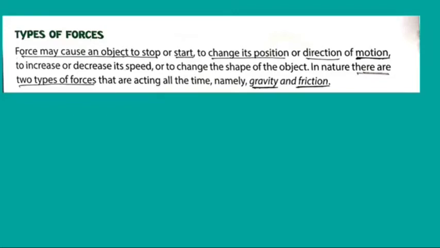Force apply करने से object के ऊपर क्या इफेक्ट पड़ता है? So, if we apply the force on an object, we can stop the object. We can start the object. We can change its position, direction of motion. जैसे आप बॉल को कैच कर रहे हो या बैट्समैन बैट से बॉल को हिट कर रहा है. So this is the motion of direction.